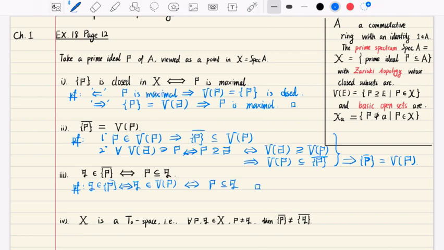Very simple, just by the definition. It is somehow very common that one prime ideal is contained in another one. The only prime ideals which are not contained in other prime ideals are just maximal ideals. So that is the obstruction for the prime spectrum to be T1, which is a very big obstruction, in fact.